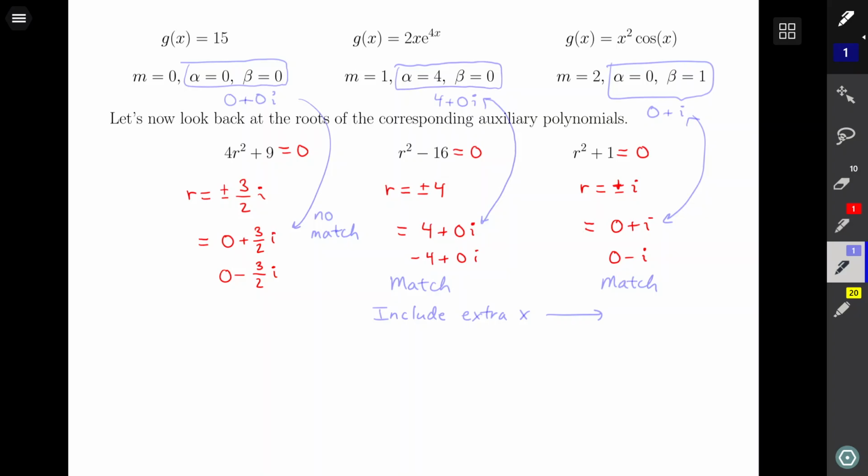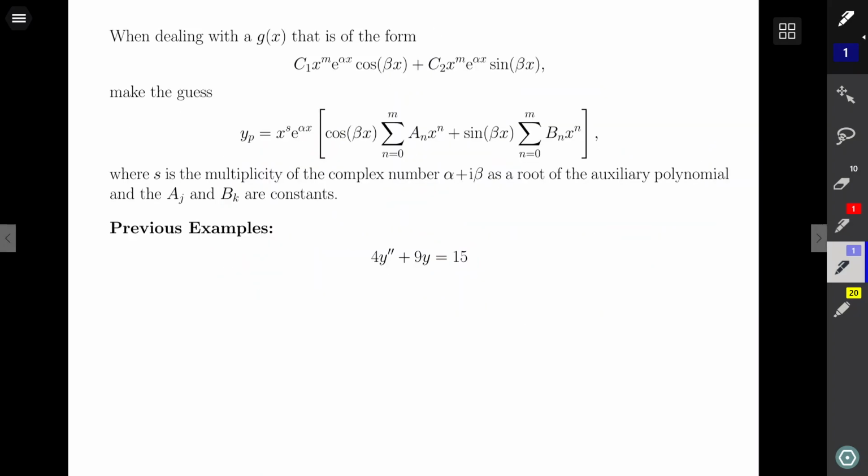We're slowly building up to something here. And that is the following, once again, very messy looking formula, but I think very helpful. When you deal with a g of x that has this form that we just outlined with the previous 3 examples, you can make a guess depending entirely on alpha, beta, m, and this extra little piece here, s.